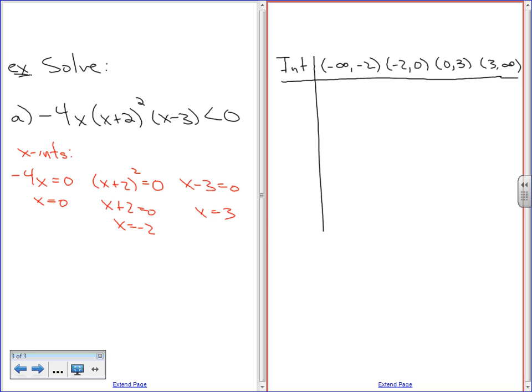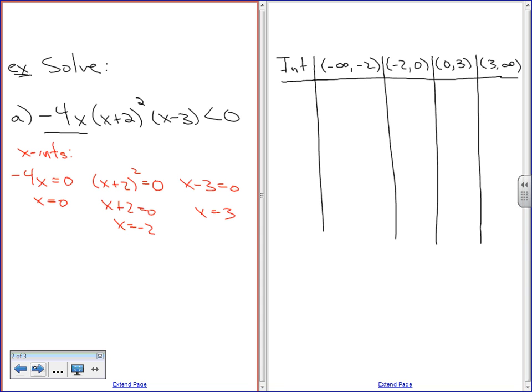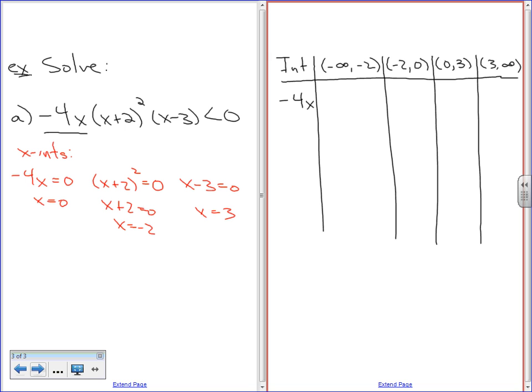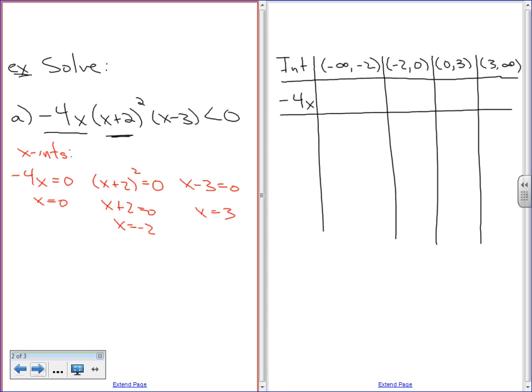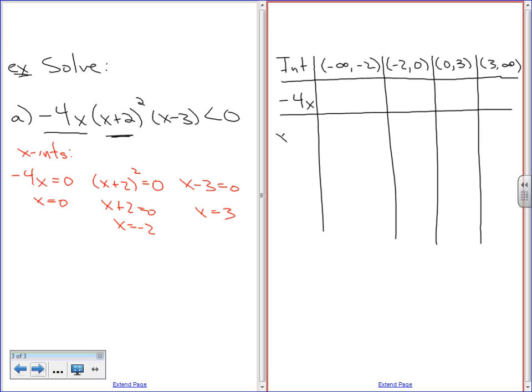Does that make sense how I blocked off my intervals? So I'm testing the function between my x-intercepts, and what I want to figure out is if my function's positive or negative. I'm going to do it in a quick way, where I write down the factors that make up my polynomial. My first factor was negative 4x, so I write down negative 4x. My next factor is (x + 2) quantity squared.